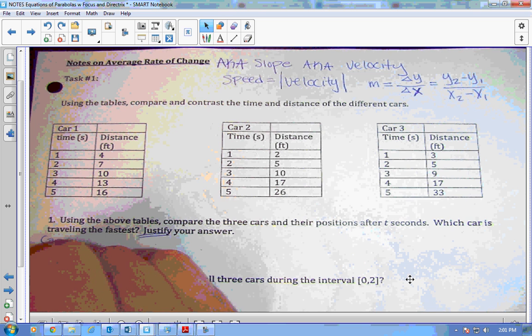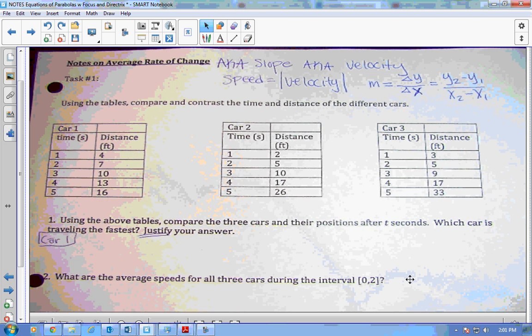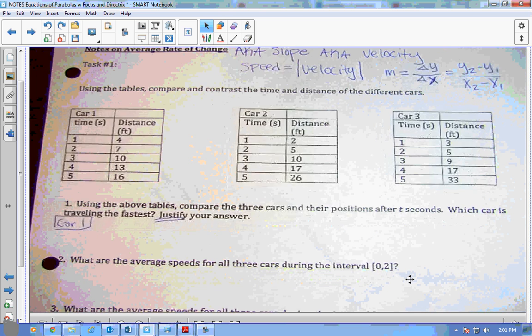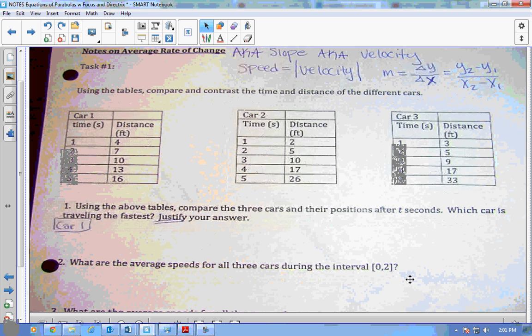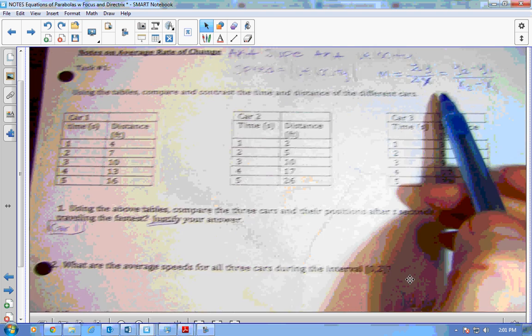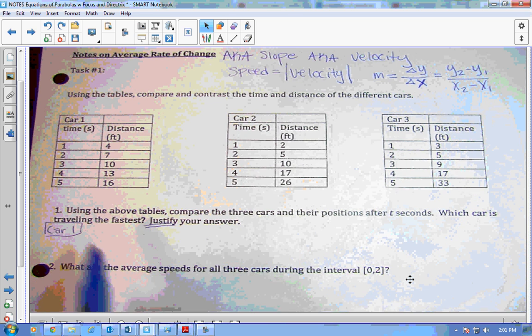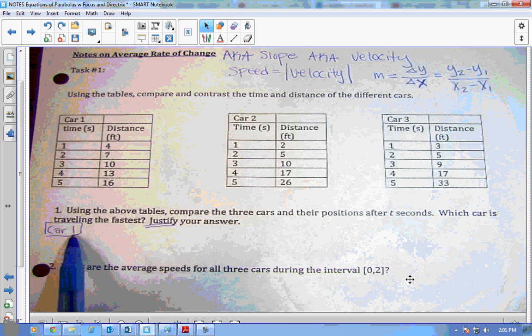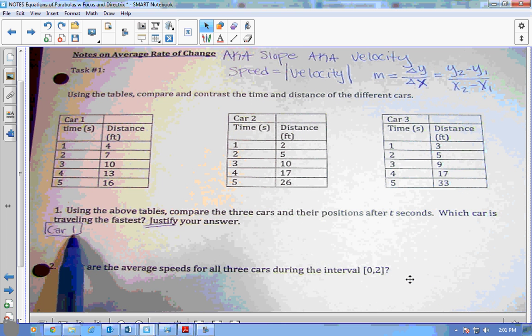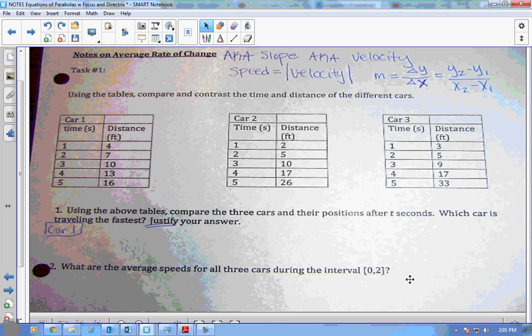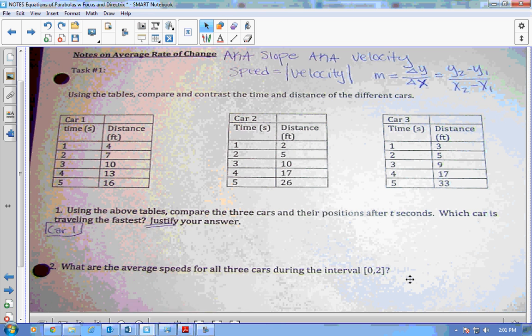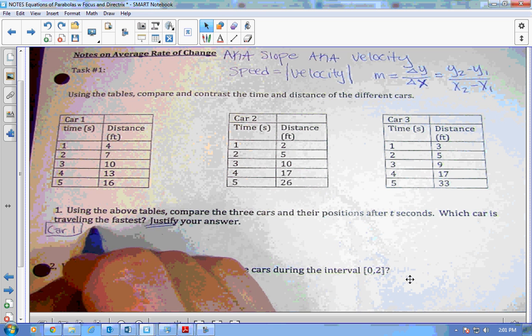Car 1, for the first 5 seconds, who's traveling the fastest? Well, we're going to just do y2 minus y1 over x2 minus x1. Now at car 1, how far has he gone at the beginning? 4 feet. That's actually after 1 second. On 0, oh yeah, 0. Start at 0.